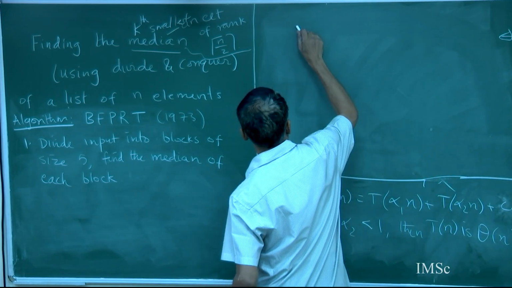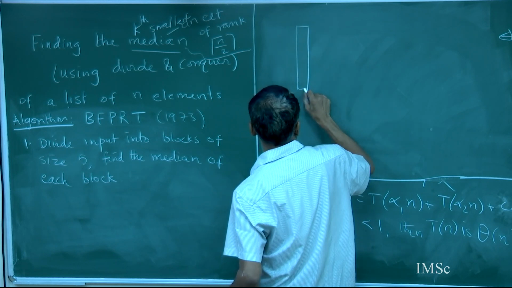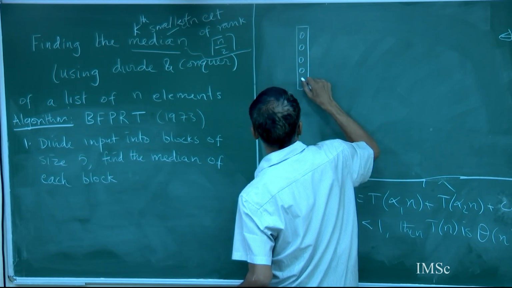What is the situation? I have a list of size n. I divide it into blocks of size 5.